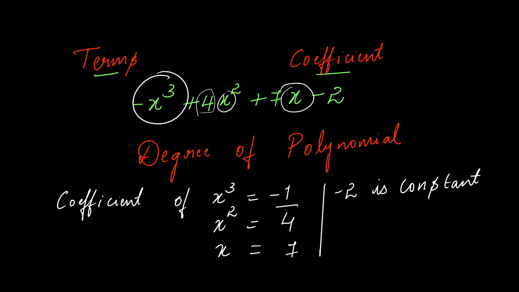So here the constant is minus 1 in the first term, so the coefficient is minus 1. In the second term, 4x square, what is the coefficient of x square? The coefficient of x square is 4. So 4 is a constant, and this is the coefficient of x square.